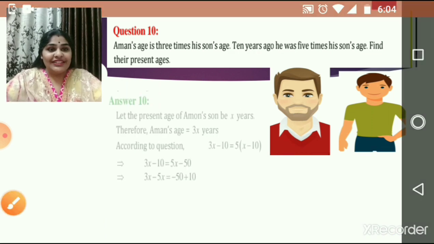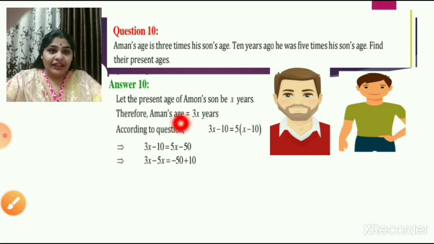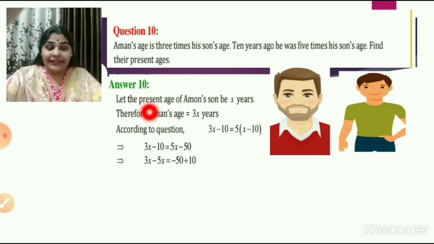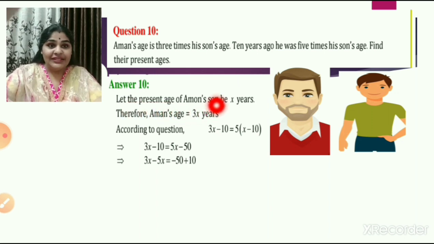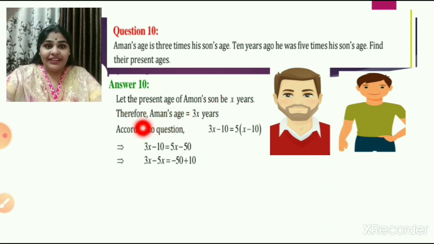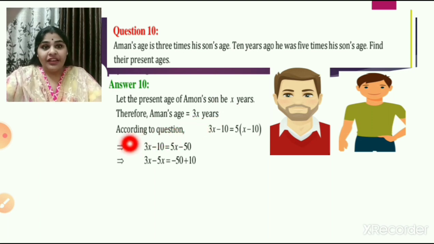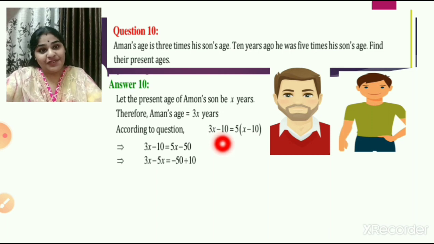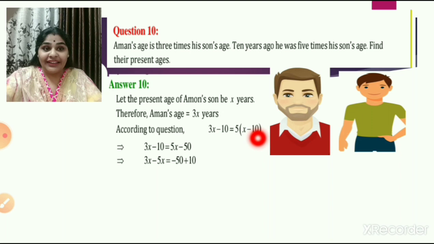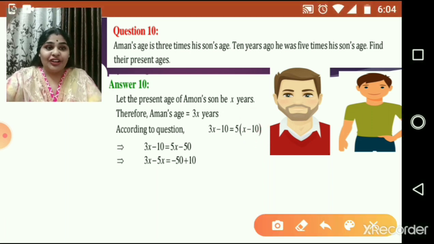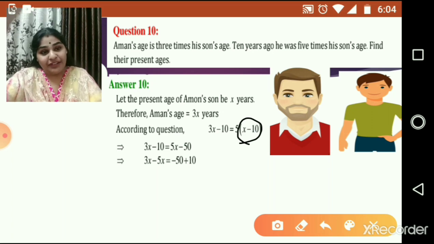So let us see, children. Now you can see here, let the present age of Aman's son be x years. Therefore Aman's age will be equal to 3x years. According to the question, 3x minus 10, that is 10 years back, Aman is equal to 5 times his son's age. Now here this is son's age. 5 times means multiplied by 5.